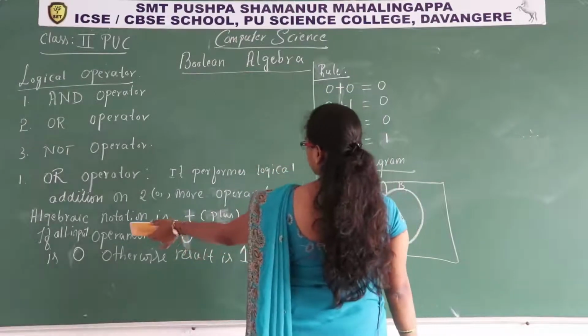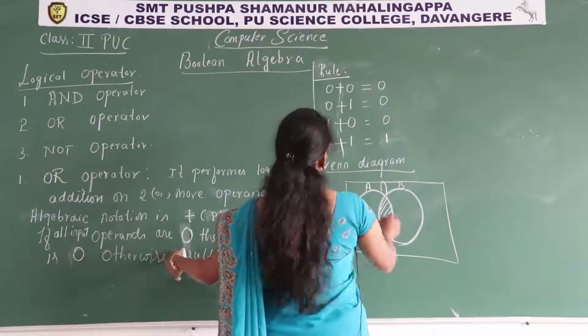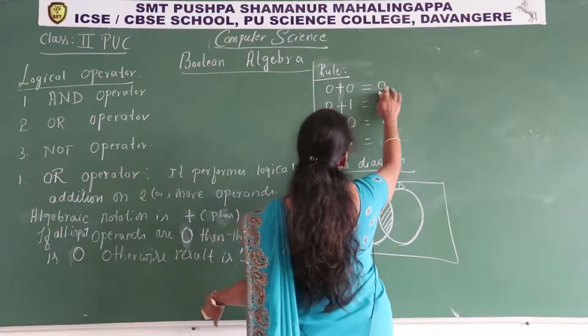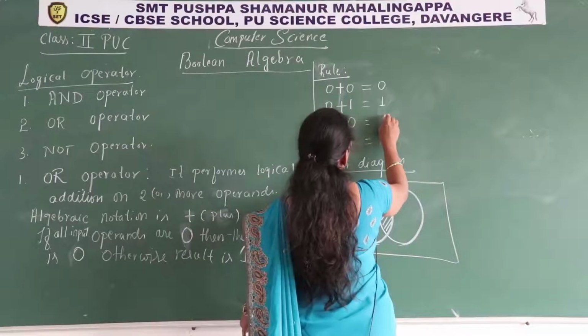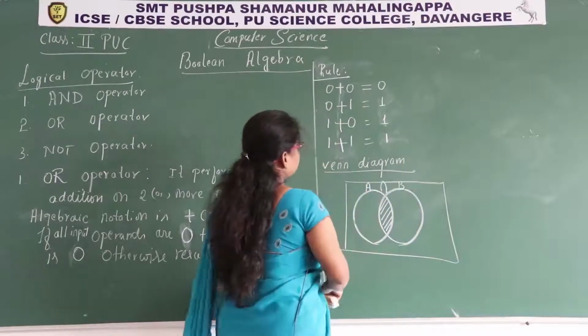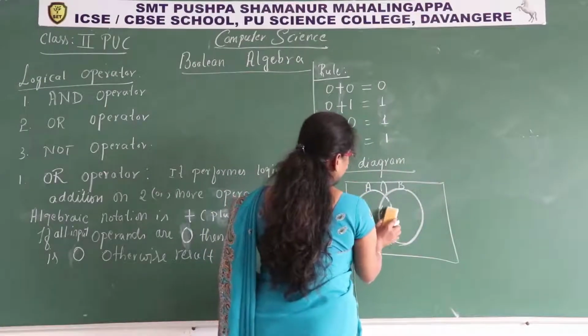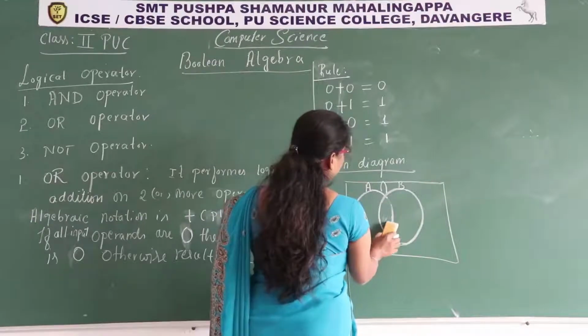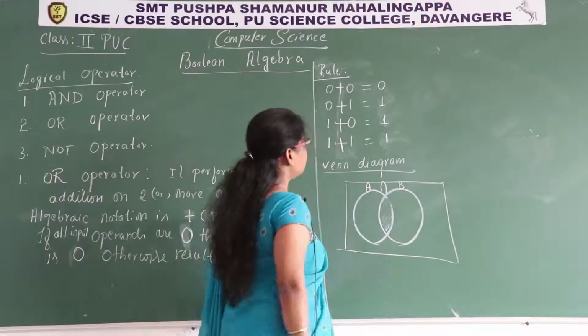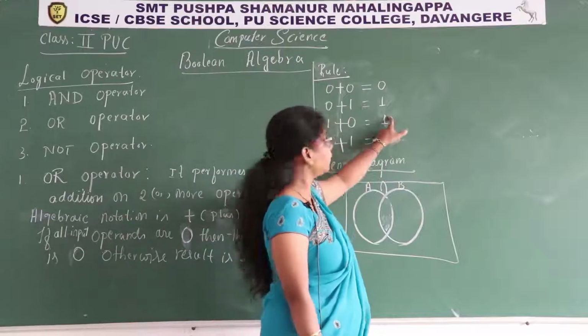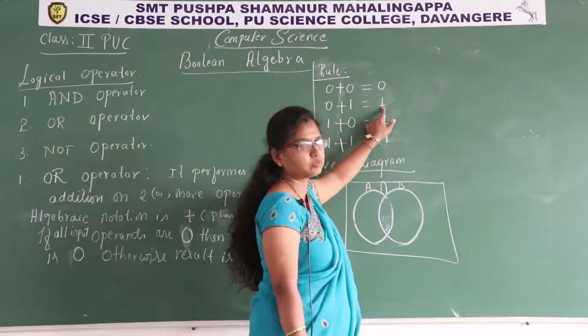Now according to the rule, all input operands are 0 in one combination, 0 and 0, and in the remaining cases the value is 1. When the output is high, you have to consider only the output part, and in which combination you get the high value or 1.